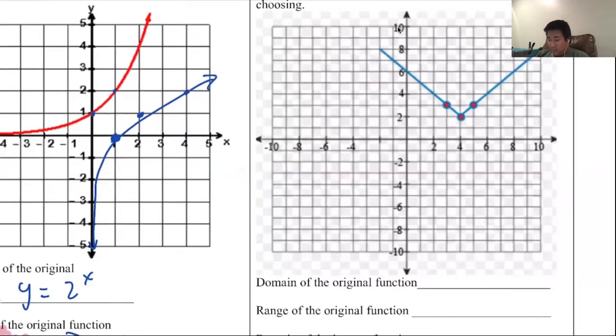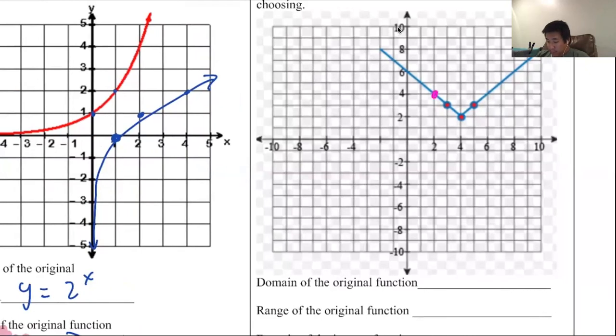Graph the inverse. Do it in pink. So that's 4, 2. So you go 2, 4. And then you go 3, 3, and you go 5, 3, so 3, 5.